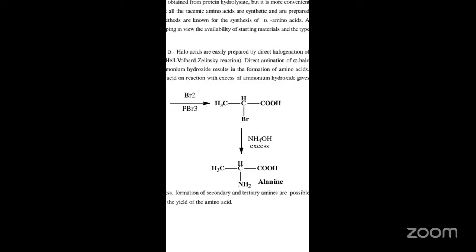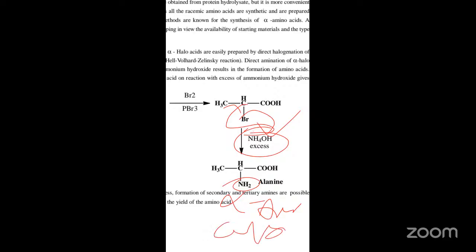This alpha bromo carboxylic acid further reacts with an excess of ammonia solution. Then SN2 is going to replace, substitute this bromine. Then what is going to be obtained here? We get this alpha amino carboxylic acid here. Generally, it is an alpha amino acid.